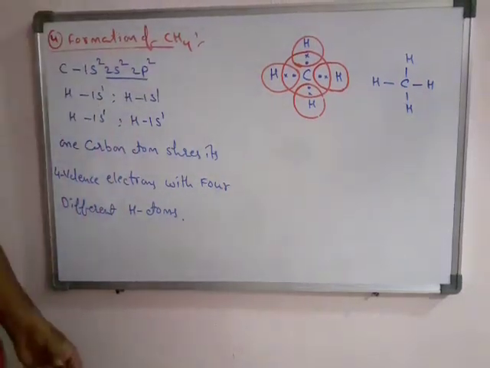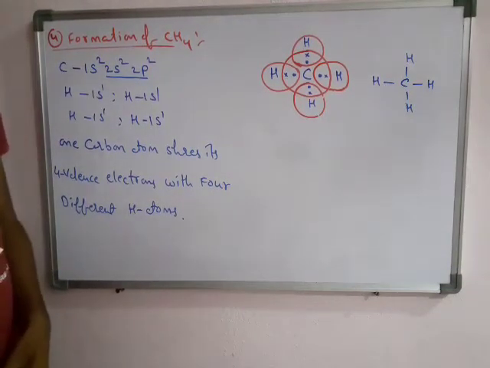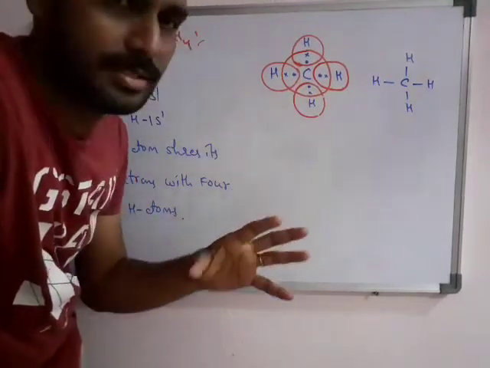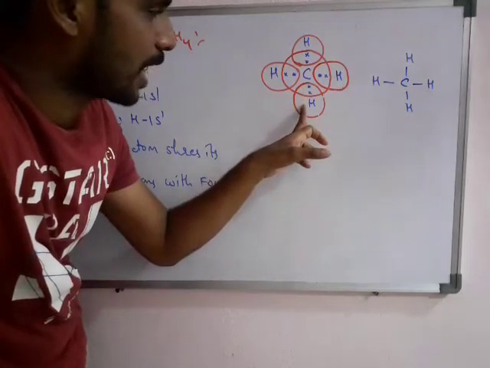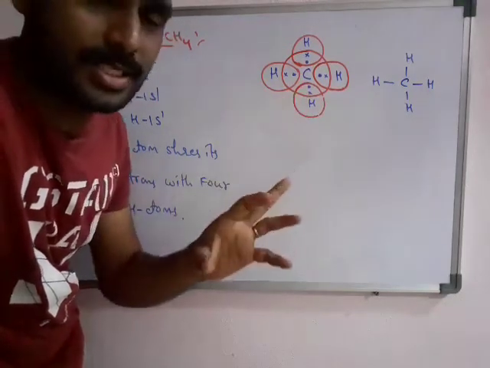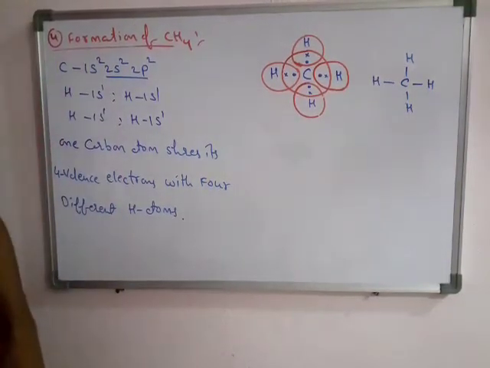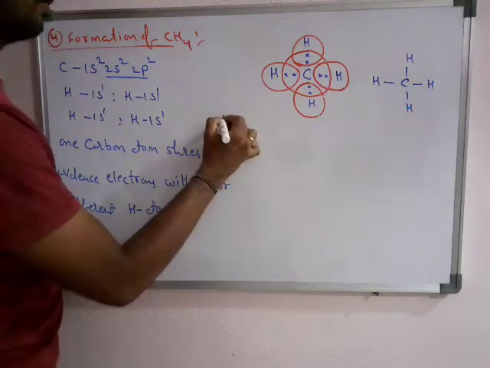Here cross marks and dots both represent electrons only. But we use cross marks for hydrogen and dots for carbon, just for our convenience. Let's see some examples of double bonds.